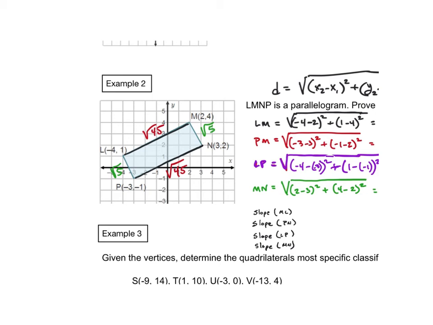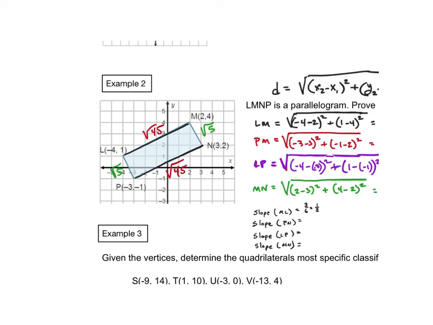Remember, it's rise over run. So as I look at the slope of ML right here, I go up 1, 2, 3. I rise 3 and I run 1, 2, 3, 4, 5, 6. So the slope is 3/6, which is equal to 1/2. And if I look, the slope of PN is going to be 1, 2, 3, 4, 5, 6, up 3, 1, 2, 3.